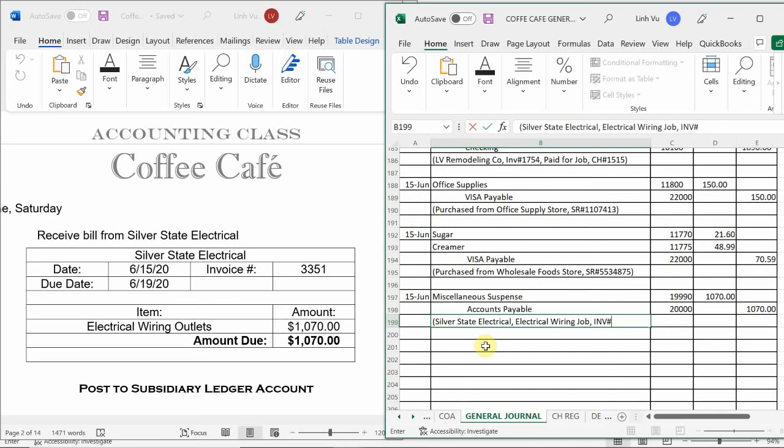Invoice 3351. Okay. And when is this bill due? How many days do they let me owe them for? 4 days. Yeah, net 4. Good. Okay.